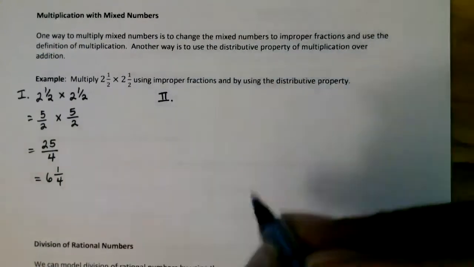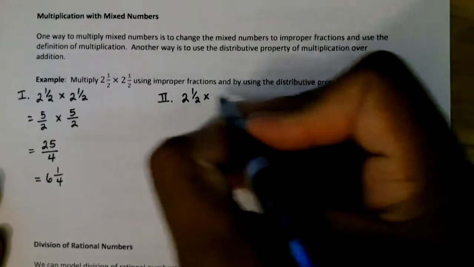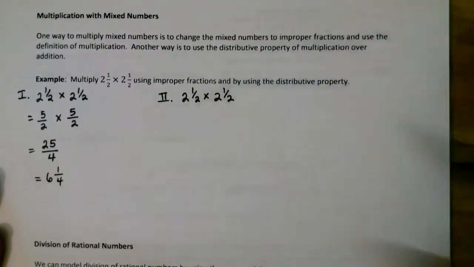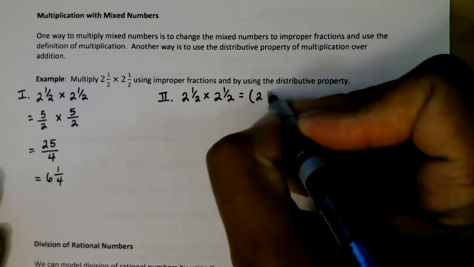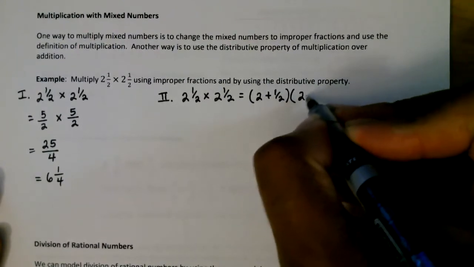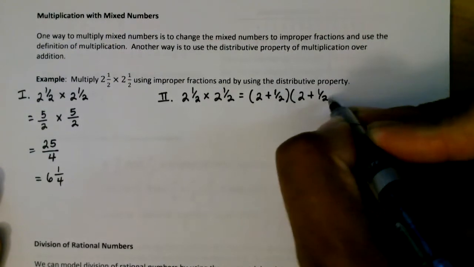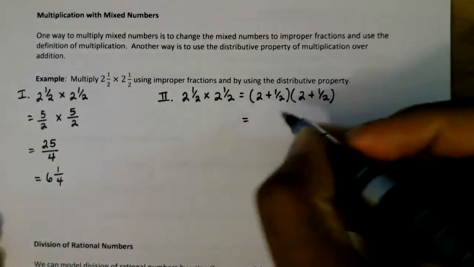Now, method 2, we're going to take 2 1/2 times 2 1/2 and use the distributive property. Now, the way we're going to do that is this. I'm going to break 2 1/2 as 2 plus a half, and 2 1/2, same thing, 2 plus a half. Now, if we use the distributive property, let's think about this.